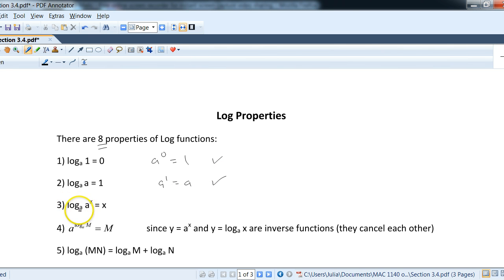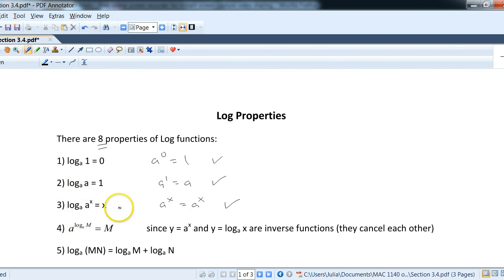What about this one? Log base a of a to the x is equal to x. Well, if we translate it to exponential form, then we know a to the exponent of x is equal to a to the x, which sort of seems redundant at first, but it is true.